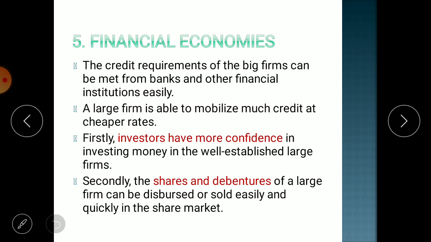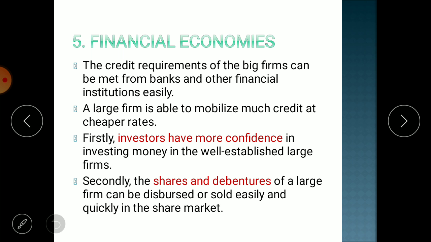Small firms don't have share capital, they have only owned capital, and the other source is bank loan. So if there is a capital requirement for a small firm, they have only one source, that is a bank. As we have discussed earlier, the bank finds much risk in the small firm, so they take time in passing the loan and they charge a higher interest rate.